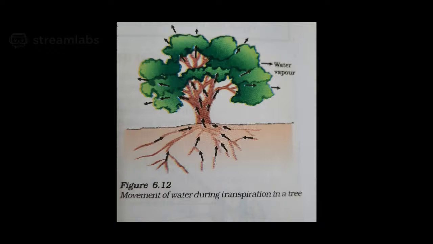How is the suction force created? By a simple method called transpiration. Transpiration creates transpiration pull, and by that the water molecules start moving from the root to the shoot and to the leaves. Transpiration pull plays a major role in transportation of water.